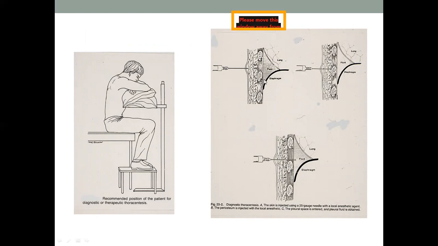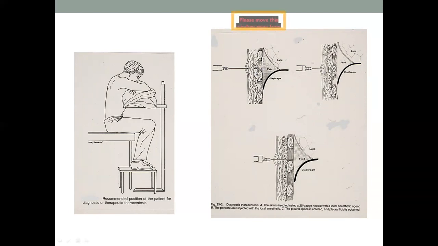And here, this is the procedure of how we do thoracocentesis. We localize the space from where we want to do pleural fluid aspiration. Local anesthesia is given to the skin, then to the subcutaneous tissue, and then down to the parietal pleura, and also to the upper border of the lower rib.